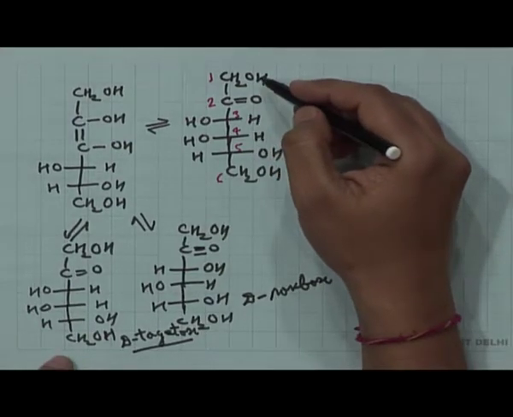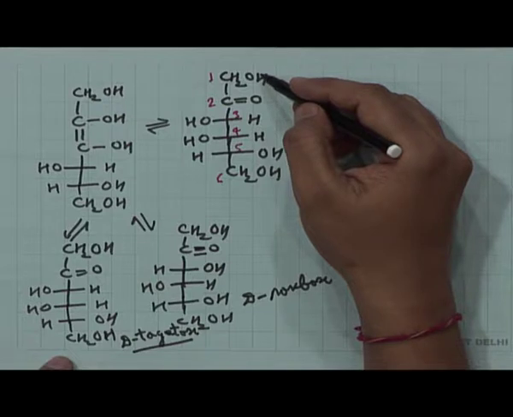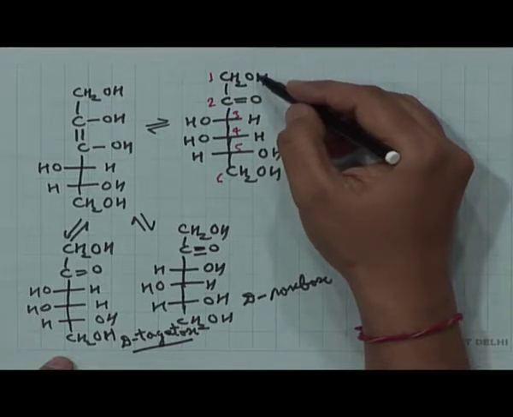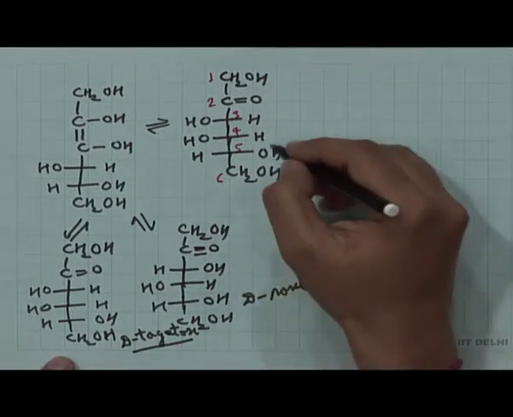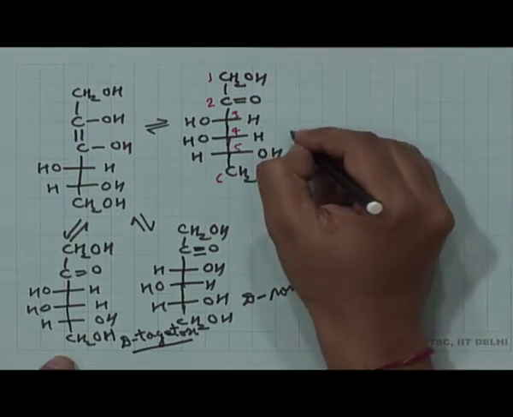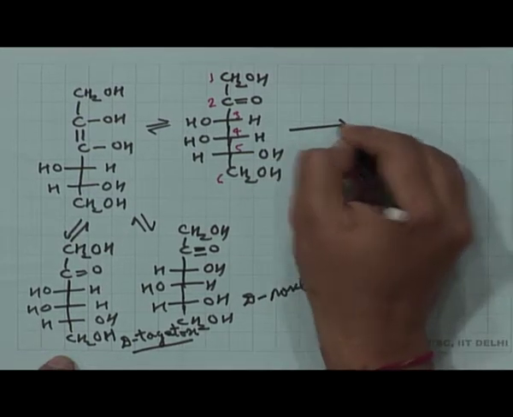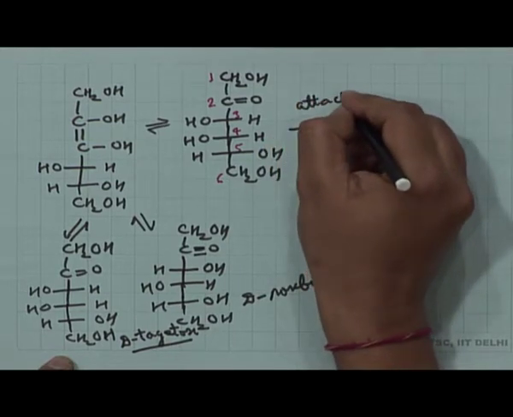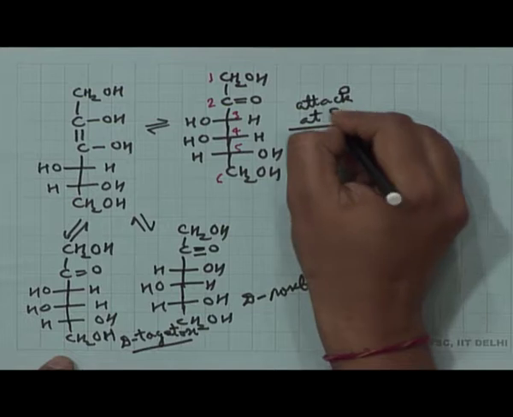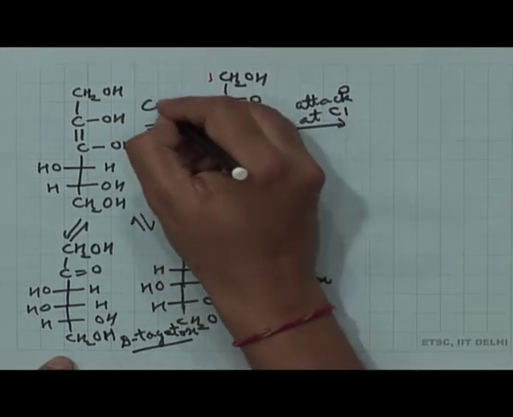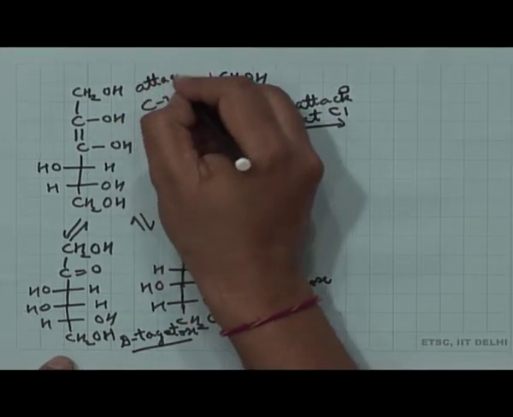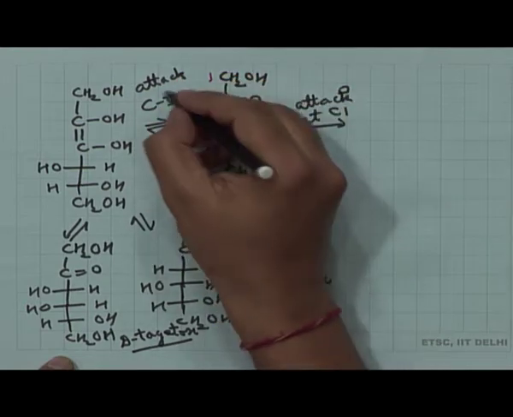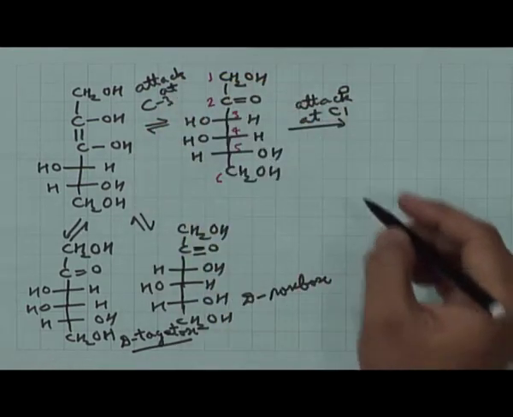If deprotonation takes place at the first position, the base attacks at C1, whereas before it attacked at C3.